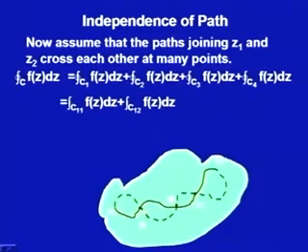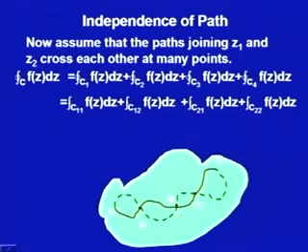Similarly, for C2 I will take this red path from A to B in this direction, and then the green path in the other direction. So, you see, here I am actually changing my direction according to my convenience. In this one I am taking the positive direction, in this I am taking the negative direction.